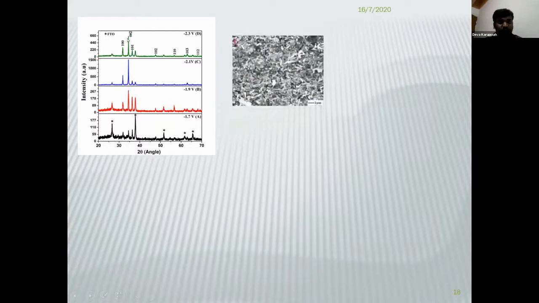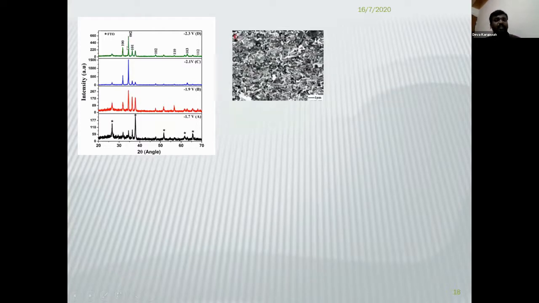Once I increase the potential voltage, the SnO2 peak intensities decrease considerably. On the other hand, the 002 plane of ZnO is enhanced. The maximum crystallinity of the material is obtained for minus 2.51 volt applied voltage in this electrodeposition method.